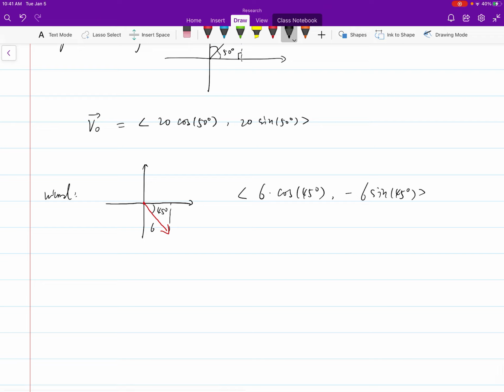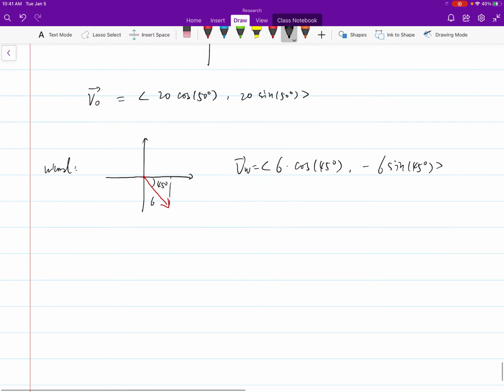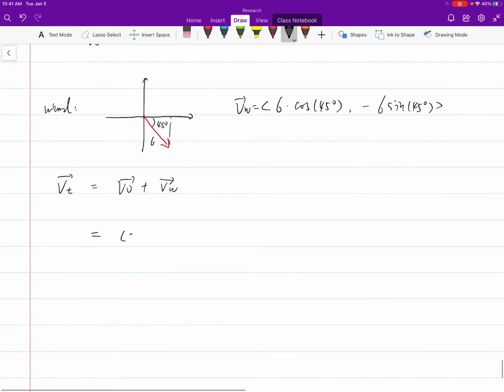All right, with all this in mind, now what is the original wind? Let's give it a name. We call this VW, stands for the wind. So total VT should equal V0 plus VW.